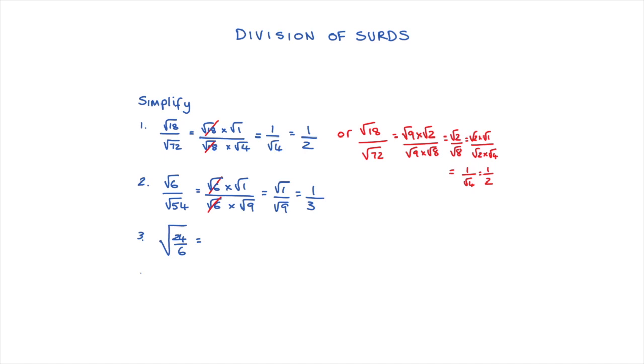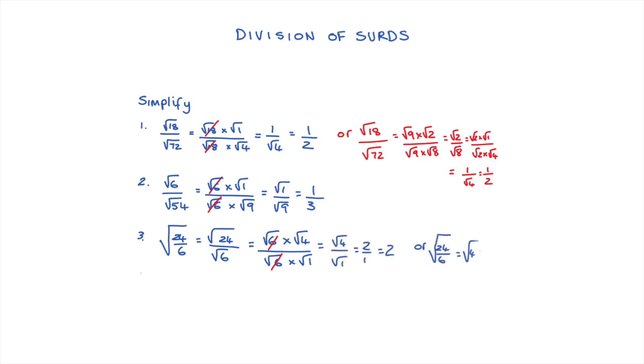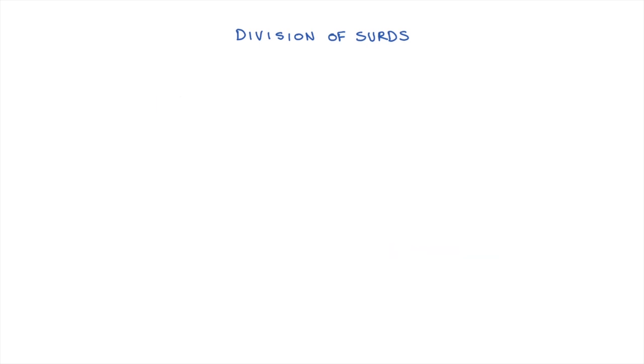And here, square root of 24 over 6 is equal to the square root of 24 over the square root of 6, which cancels down to root 4 over 1, which is 2. Or we could have simplified that 24 over 6 to 4. Square root of 4 is 2.